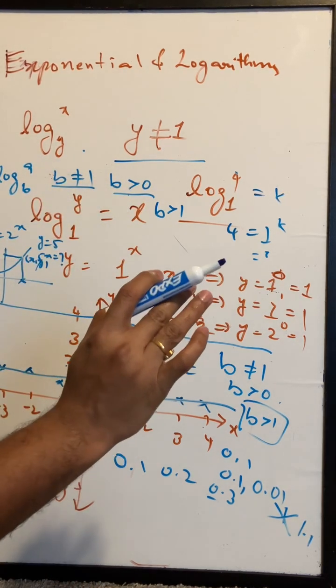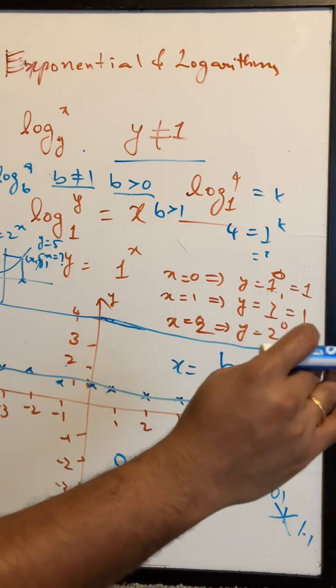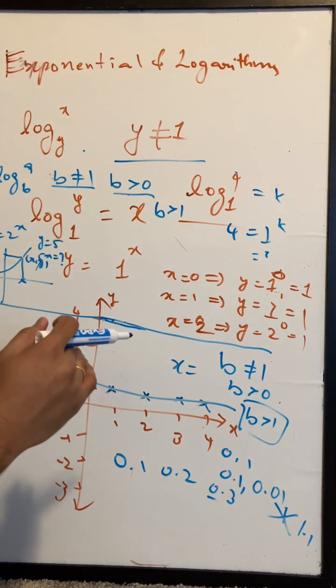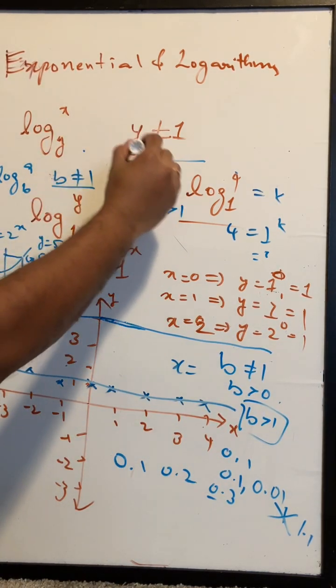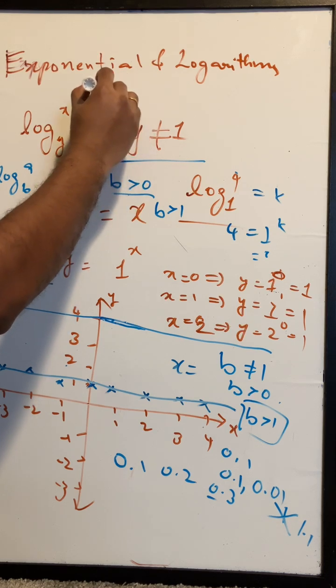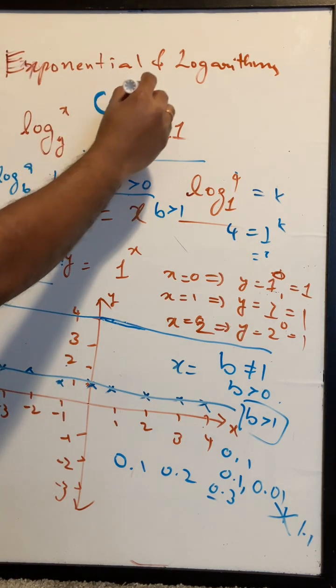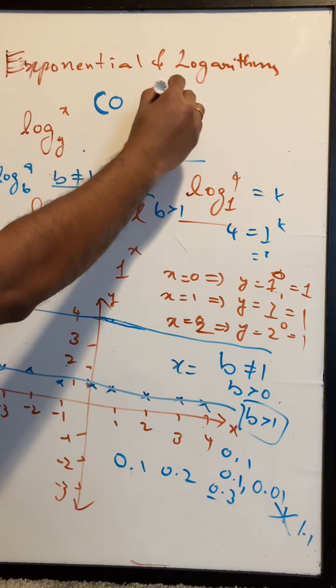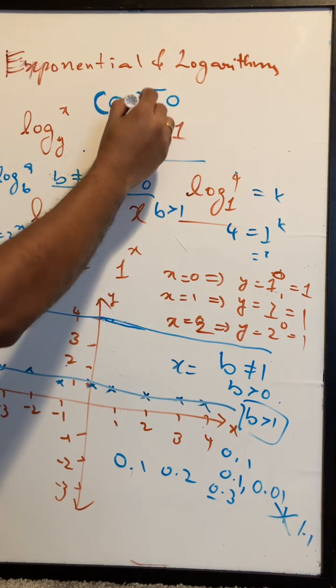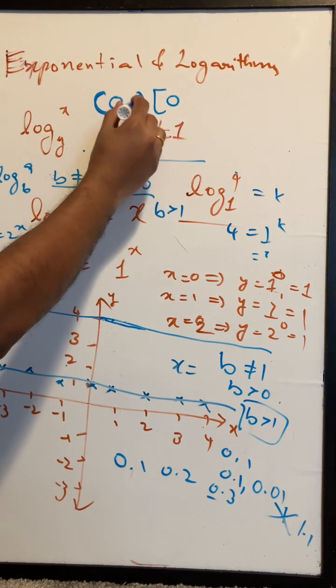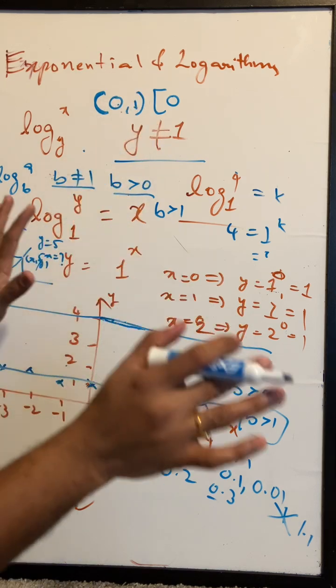It starts from 0, 0.1, 0.2, so 0 is not included. When it is not included, we write with an open bracket, a parenthesis. If 0 is included, we write it like this. Parentheses around 0 and 1 mean between 0 and 1, but 0 and 1 are not included.